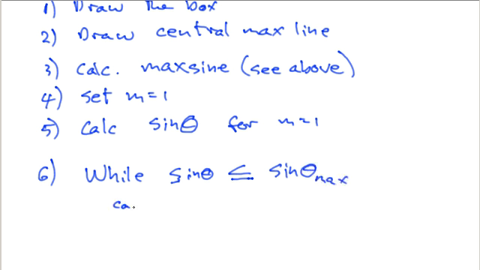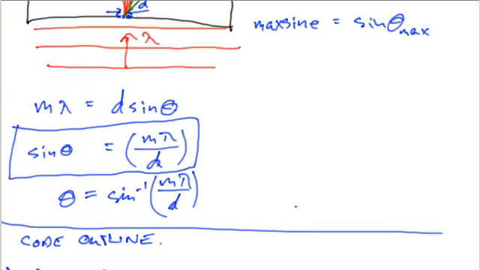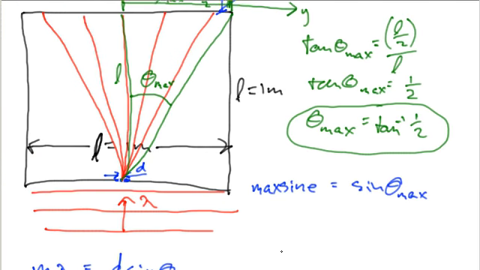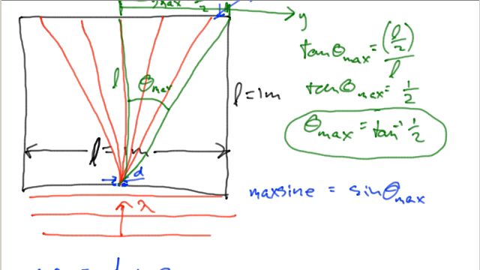I want to calculate y for that particular one, and we've got to figure out how to calculate y. So for any m, I've got a value of the sine of theta, and y over L is equal to the tangent of theta.